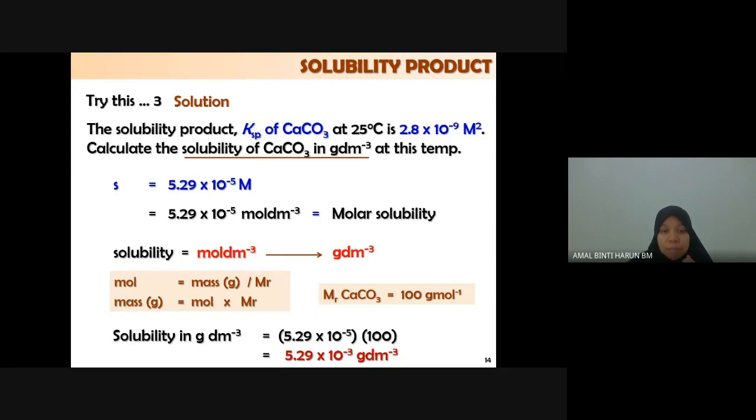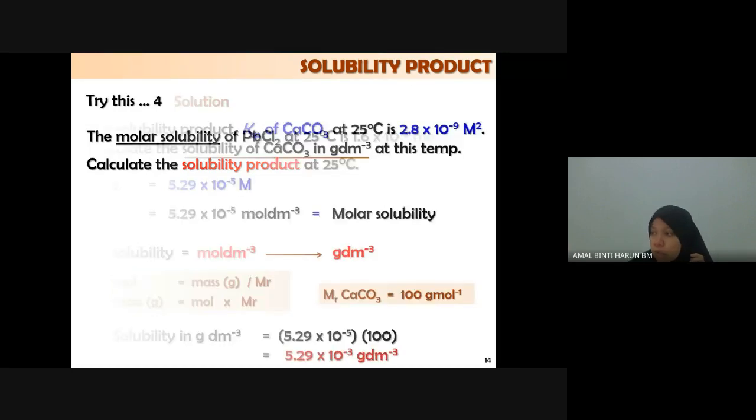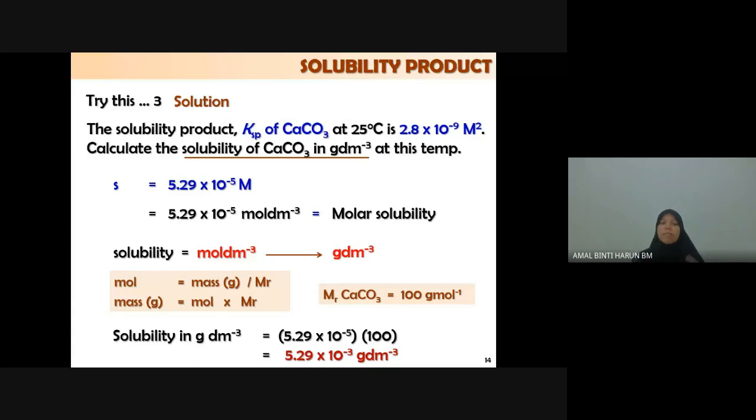So kita dapat dalam unit gram. Okay. So itu saja hubungan antara mol per liter dengan gram per liter. So ini dalam unit mol, nak jadi mass, mol times molar mass.